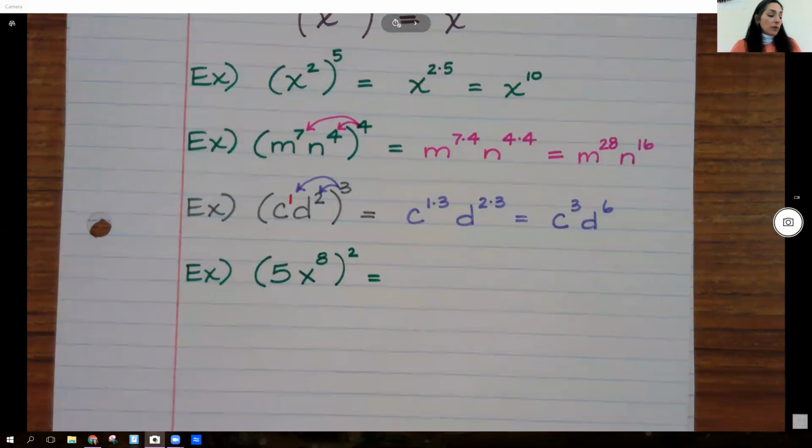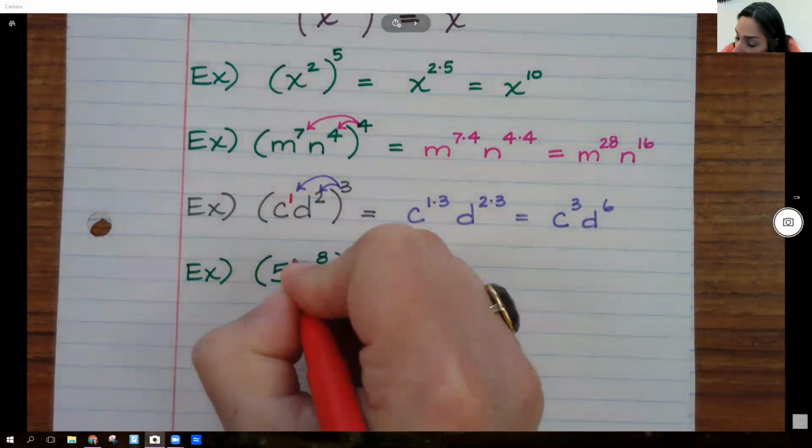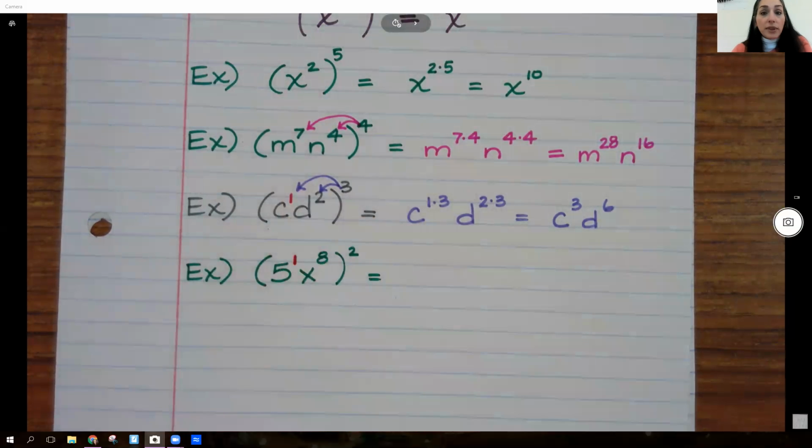And so if you remember, this 5, even though there's no exponent with it, there really is a little tiny 1 right there with that 5 as well. It's like 5 to the 1st power is just a plain old 5. So you're going to treat it just like the variables.